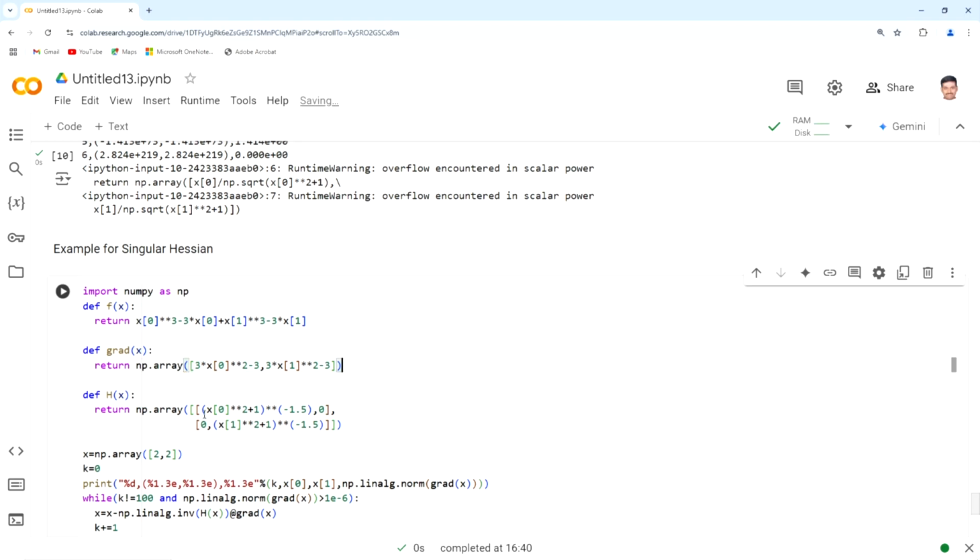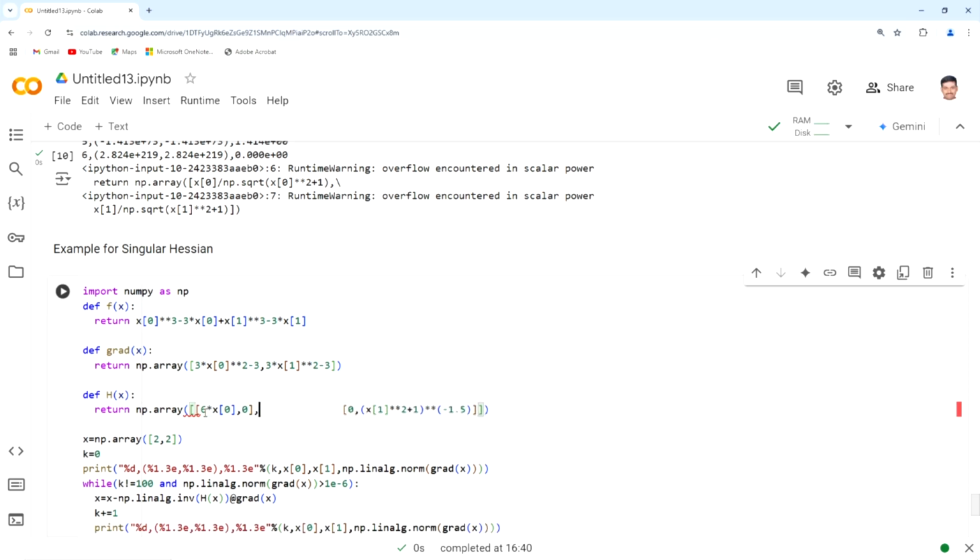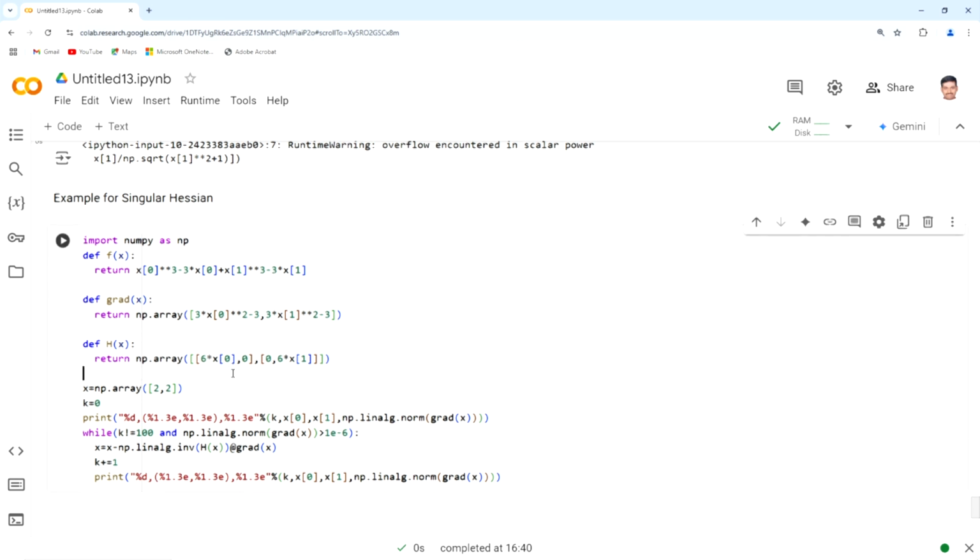And here again it is going to be very simple, the Hessian is just 6 into x0, 0, 0, 6 into x1. Note that the answer is 1 comma 1.